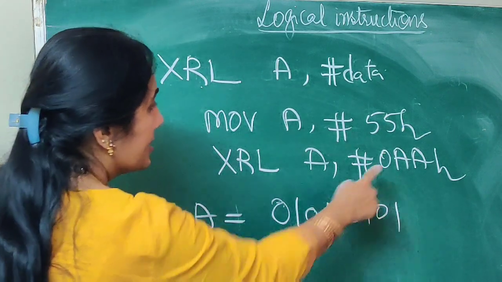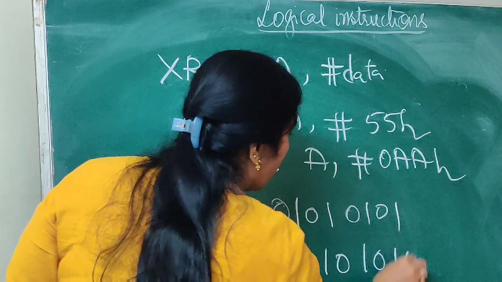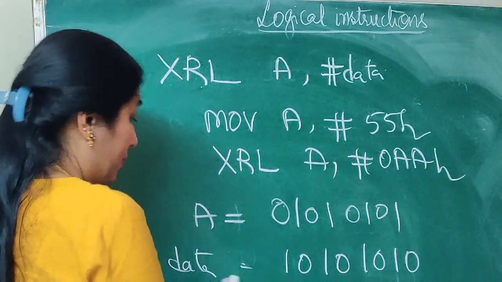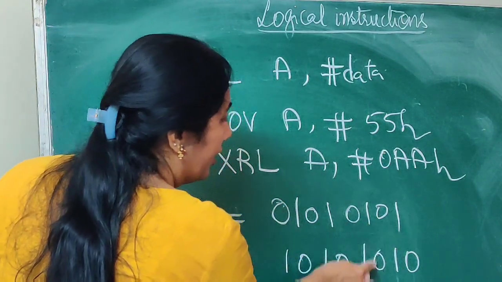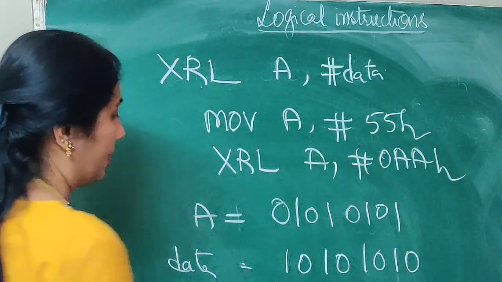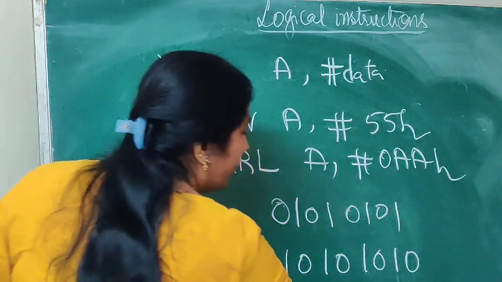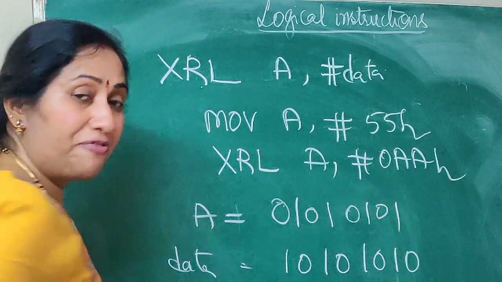The immediate data is AA hex, that is 1010, 1010. Now perform the XOR operation. If both are not equal, then the output will be high. Following the truth table, you can see all the bits are not equal, so I am going to get as a result FF hex.